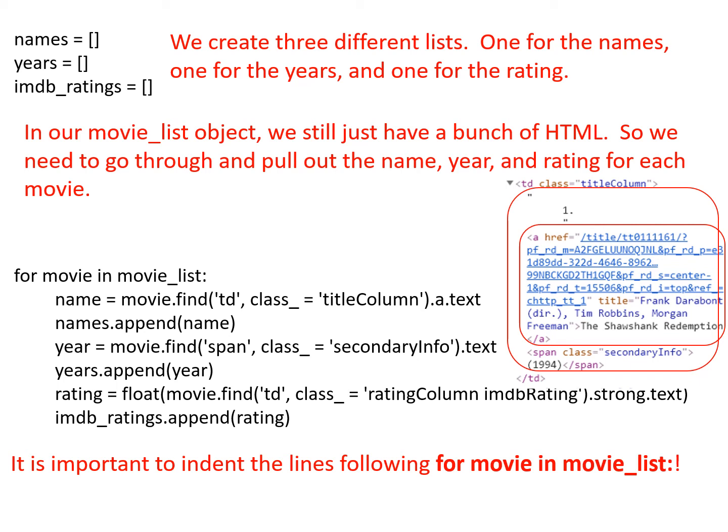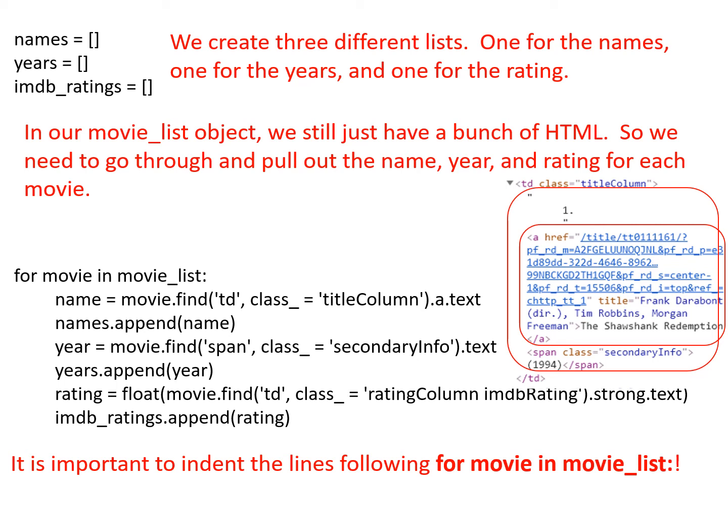Now it's important when we put this code in that you indent the lines, because that's how Python knows that these lines are meant to be part of that loop.